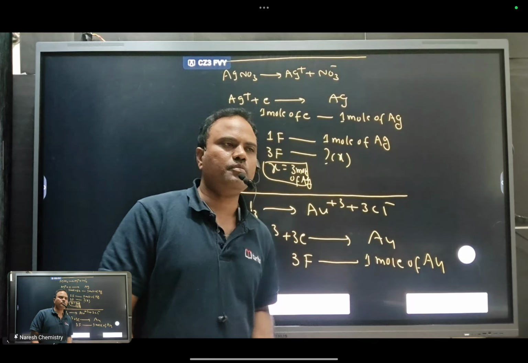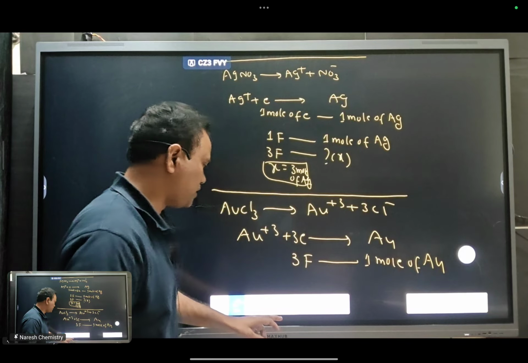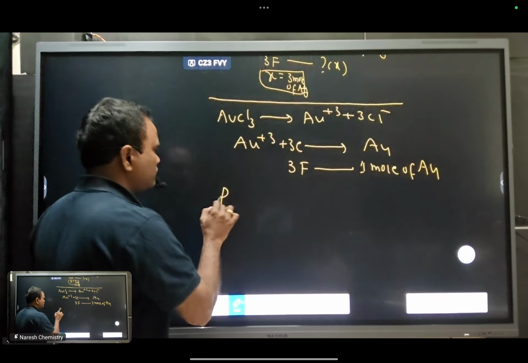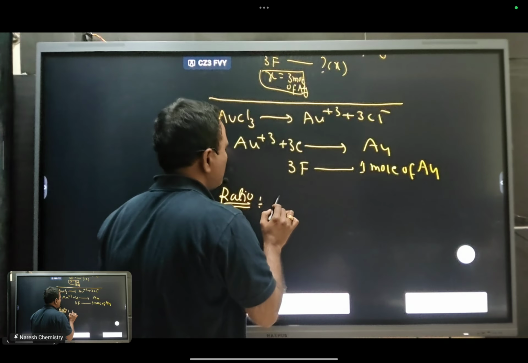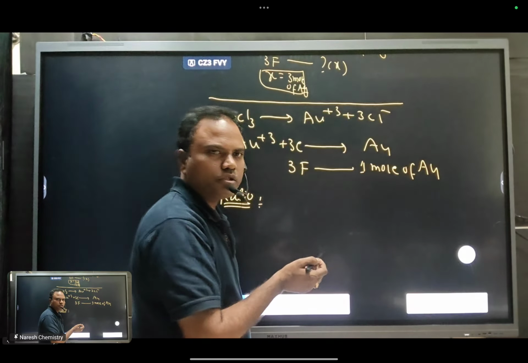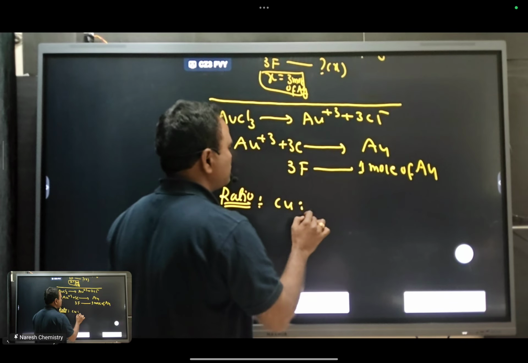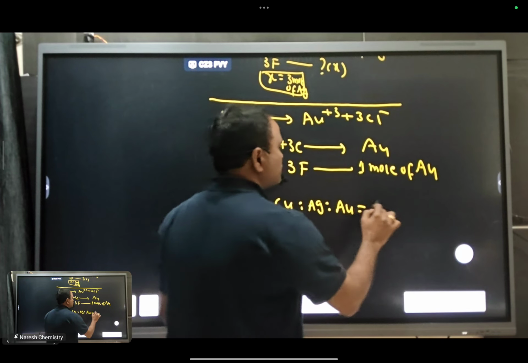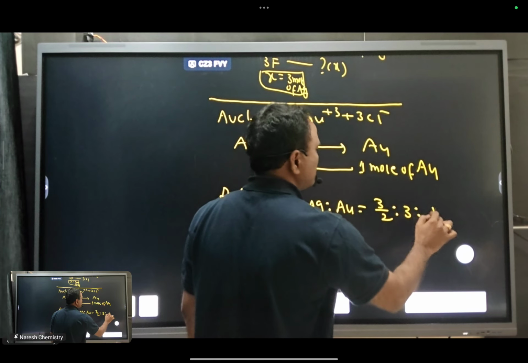Okay. What about copper? How many moles of copper did we get? 3 by 2. This is the ratio. Copper to silver to gold is equal to 3 by 2 to 3 to 1.